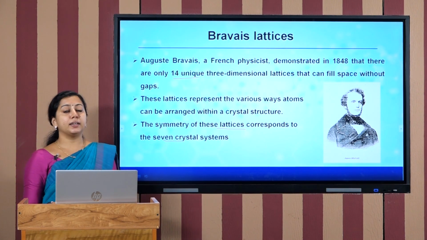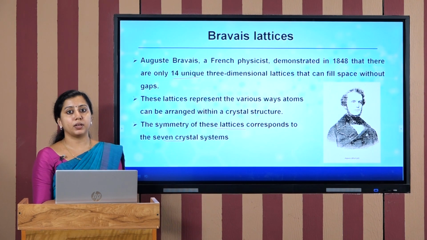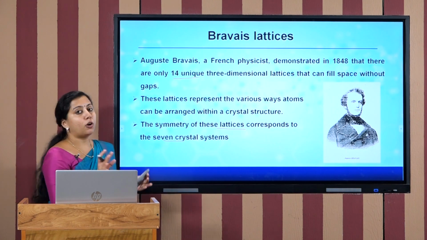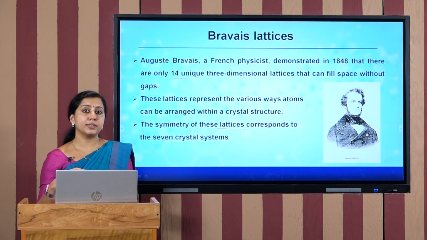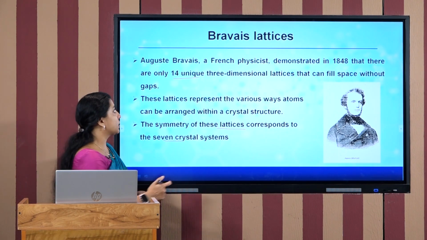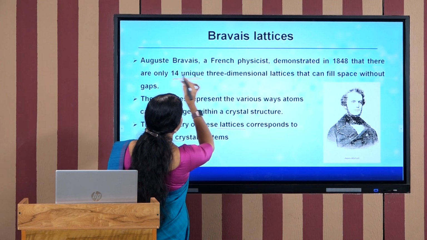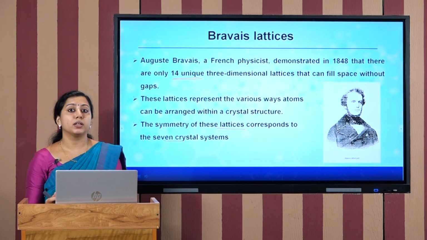We have seen that there are 32 possible combinations of the symmetry elements, and that falls into 7 crystal systems which are distinguished from one another based on their lattice parameters. Okay. However, on the lattice we can arrange the lattice points in any repeatable pattern, but that is restricted to 14 unique 3-dimensional lattices that can fill space without gaps.